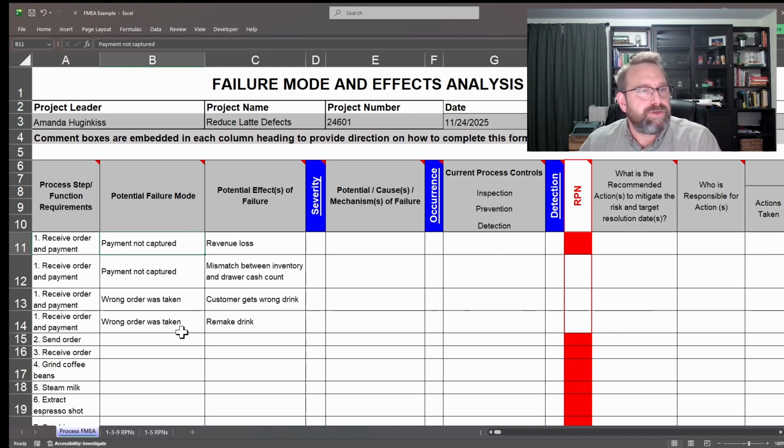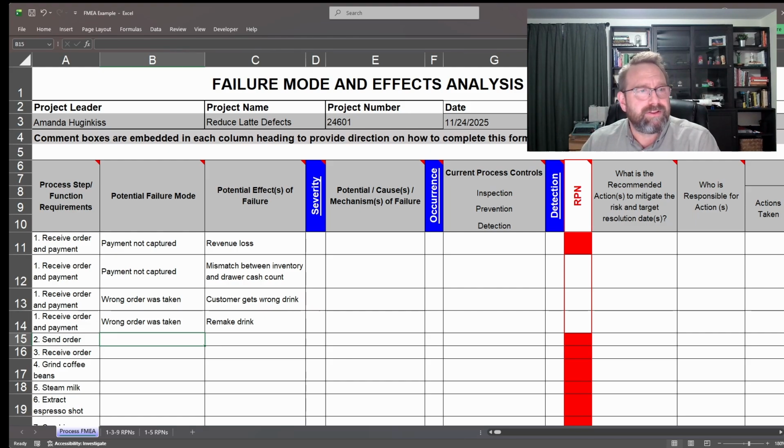I would want to make sure we drive out any other failure modes. I think just for this example, we're going to keep moving. But other failure modes could be the change. The wrong change was given. Maybe the wrong price was entered in, so we took payment but we overcharged the customer. Maybe you could have had some order modifiers that were wrong. Again, what kind of syrup, what kind of milk, what kind of size.